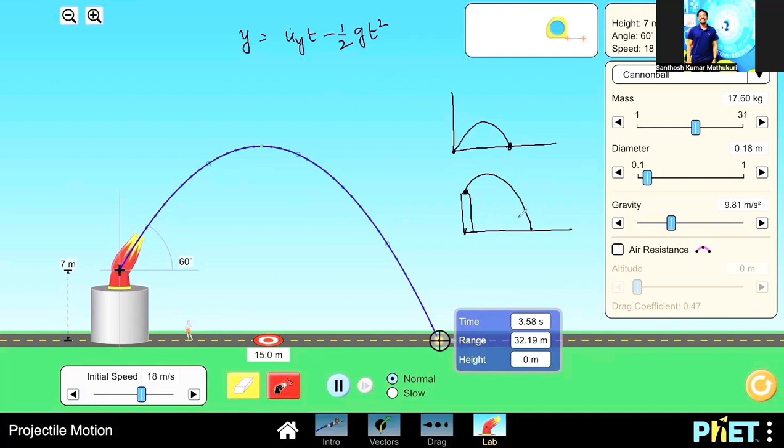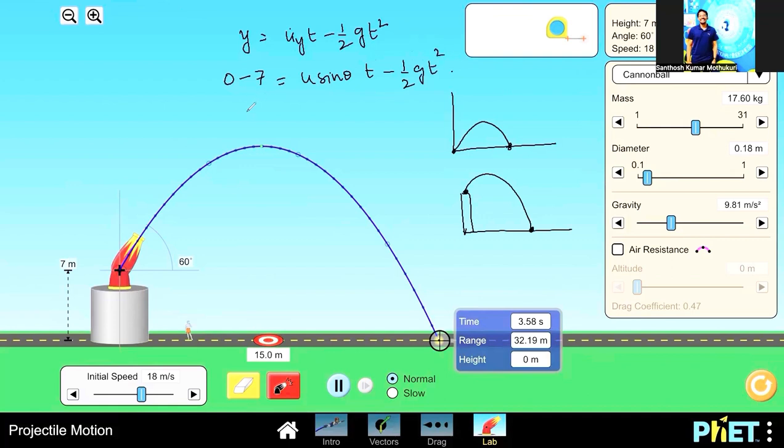The displacement is defined as change in the position, where it finally landed on the ground, 0, minus where it started from, the elevation of 7. So the vertical displacement is 0 minus 7. This is very important. Now the displacement is u sine theta times t minus 1 by 2 g t squared.